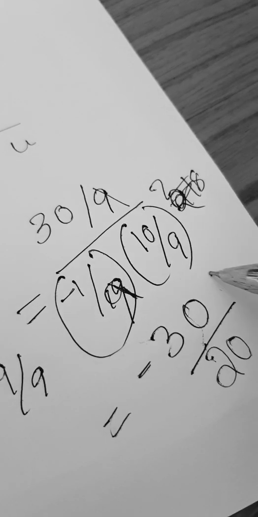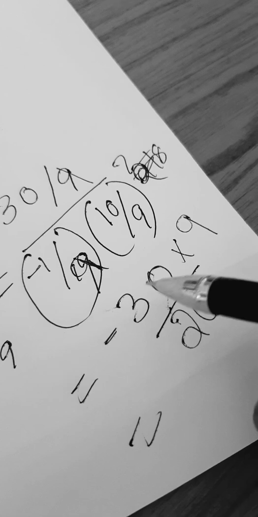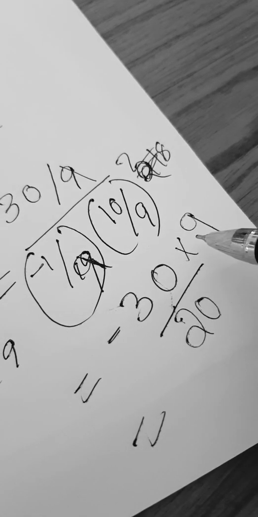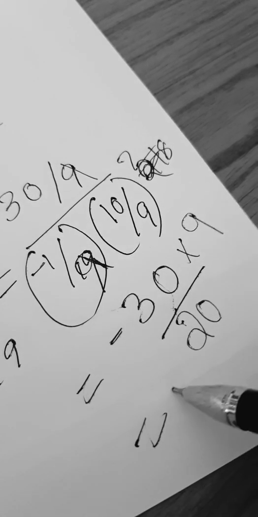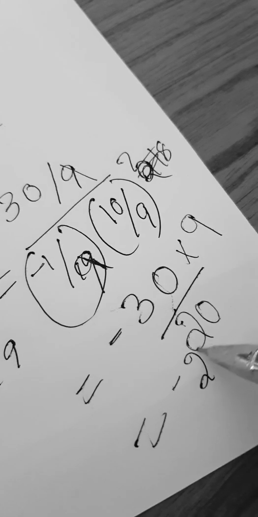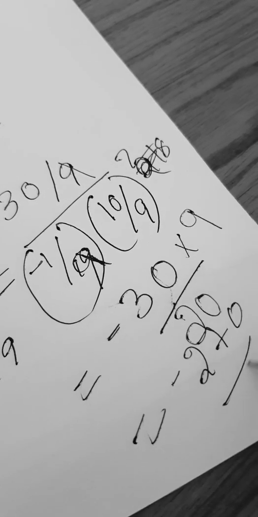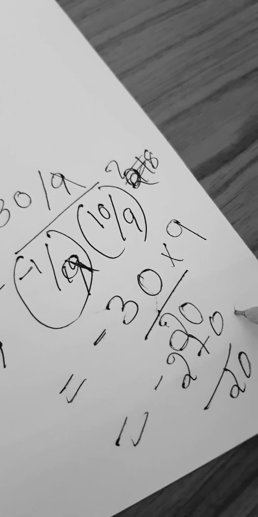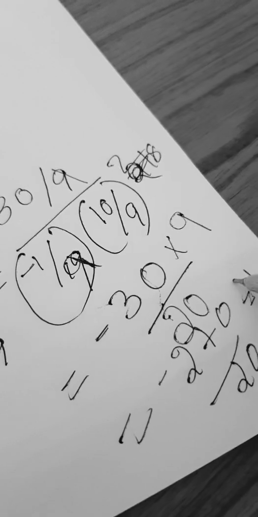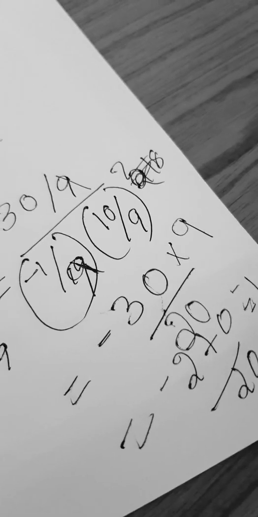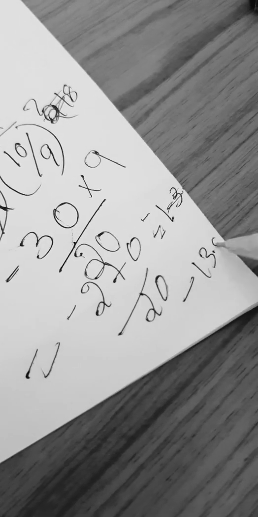This 9 will go here, so you will get minus 3 into 9, that is minus 270 divided by 20. So it is equal to minus 13.5.